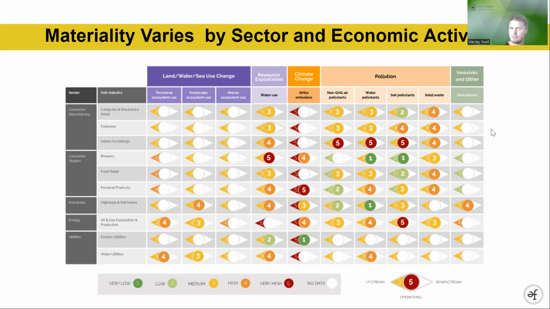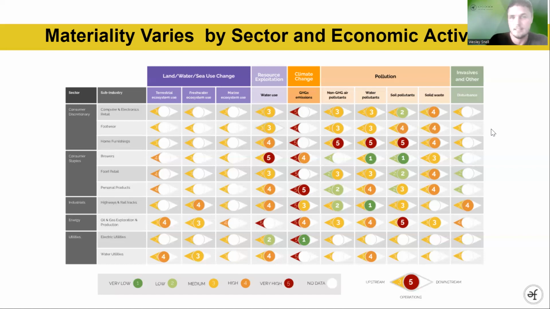And so I hope that everyone can see the schematic that I've put up here, but basically what this shows is for different sectors, consumer discretionary, staples, industrials, energy, and for different sub-industries within these sectors, you can see the variance in materiality in the direct operations, which is that little circle in the middle, roughly scaled from 1 to 5, and also upstream and downstream, right?